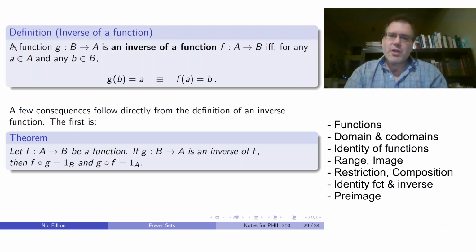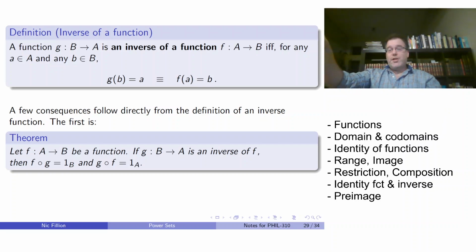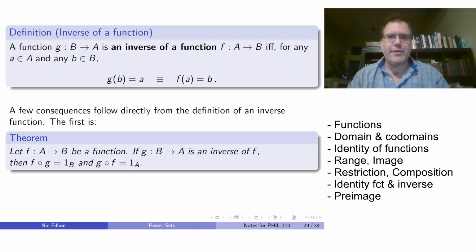Okay, so g is an inverse of f if and only if for any element of a and any element of b, g of b equals a if and only if f of a equals b, right? So f sends a to b. For g to be an inverse, it has to take b and bring it back to a. g undoes what f does.